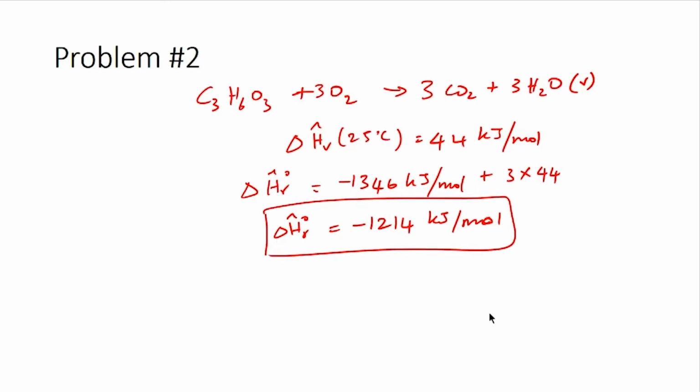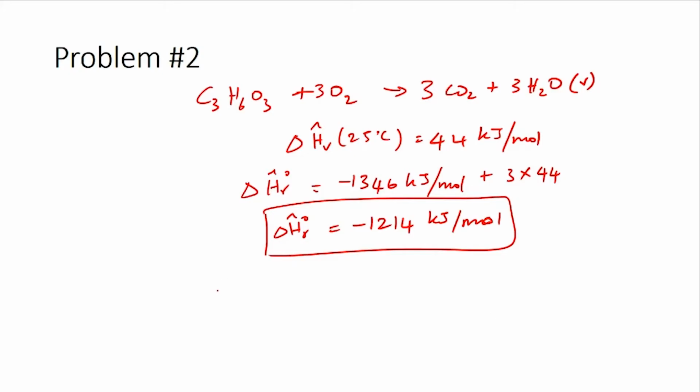To identify the total number of moles of lactic acid which has actually been combusted in the system, we have to use either the heat of combustion based on water liquid being formed or water vapor being formed, and let us assume one of them is the situation. In this case I have assumed that water liquid is being formed to calculate the total number of moles of lactic acid which is burnt in this process.